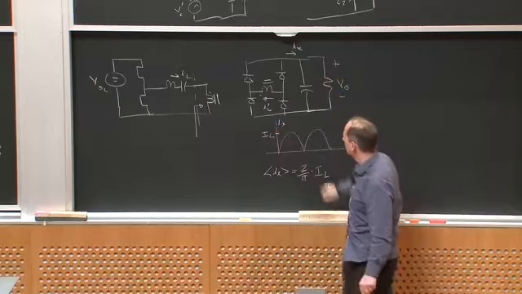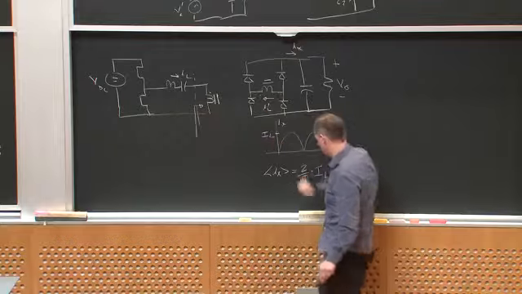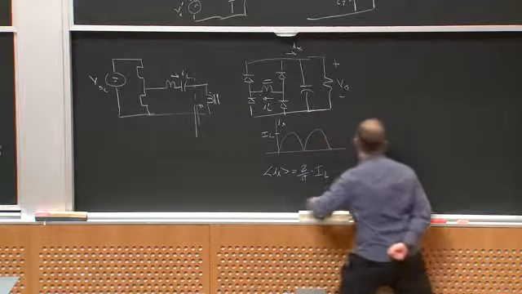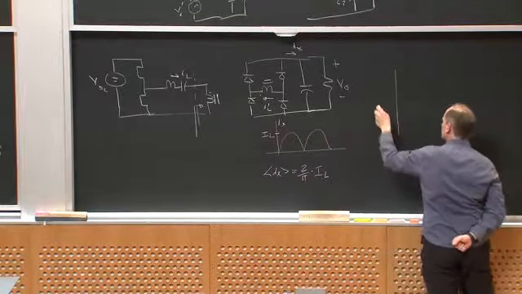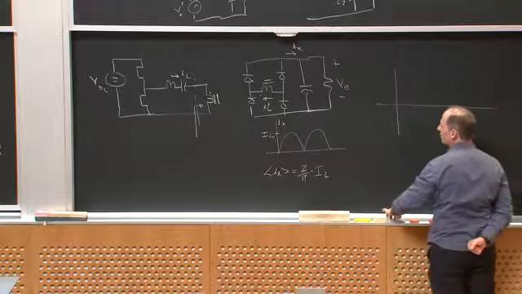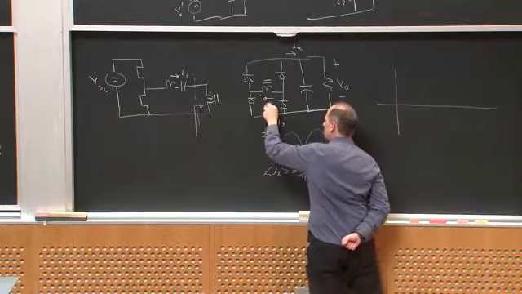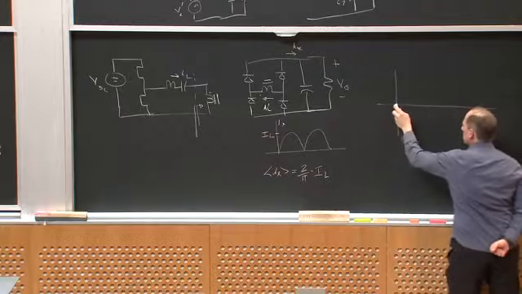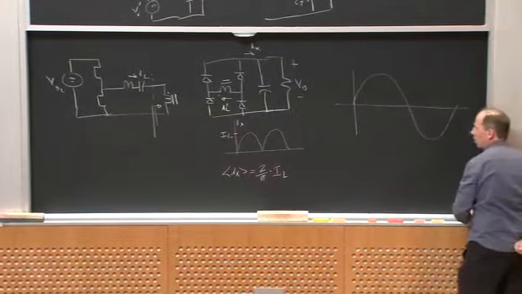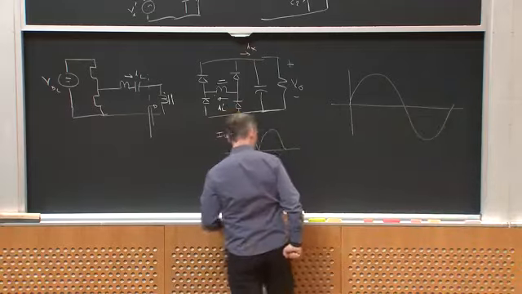What is the voltage, if this is IL prime? Okay. Let me plot IL prime for you. IL prime maybe looks like this. What does this voltage look like?